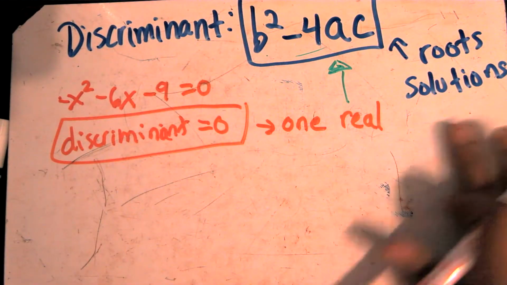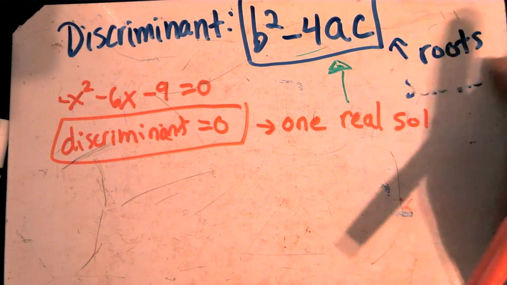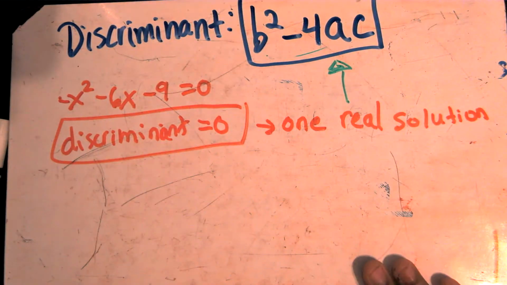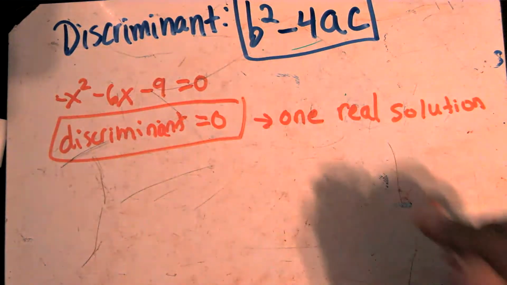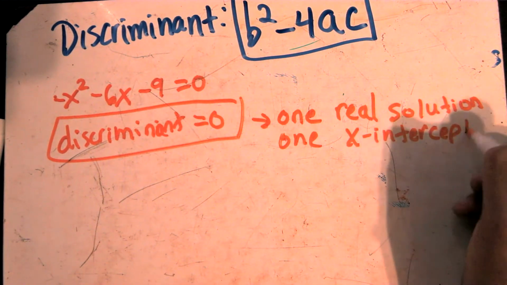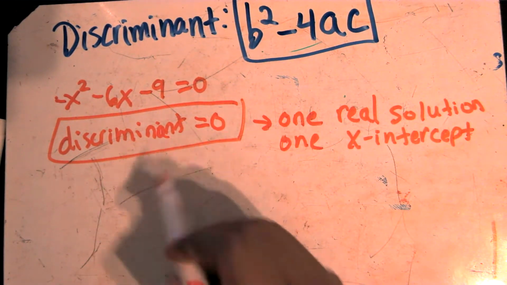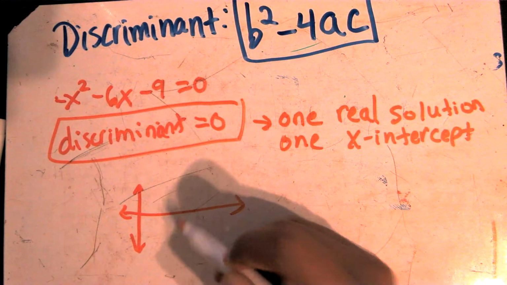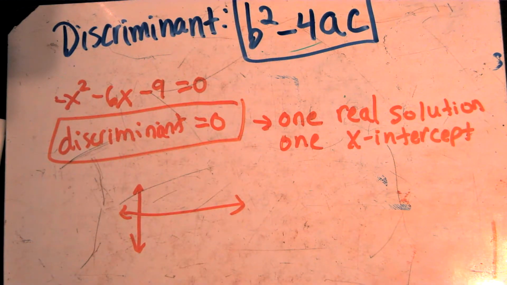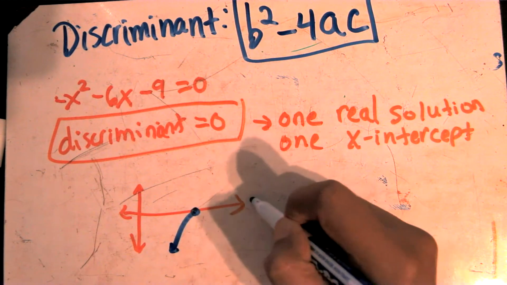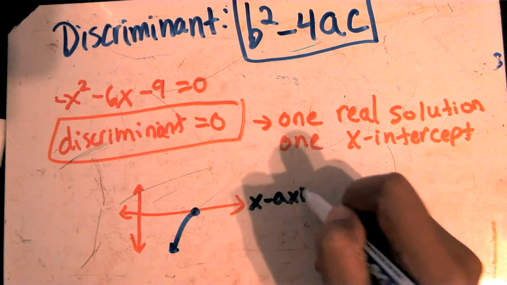Let's erase this part here. One real solution, one x-intercept. So if your discriminant is equal to 0, then that means your quadratic function, in this case we know it's facing down because of the negative, is touching the x-axis one time.